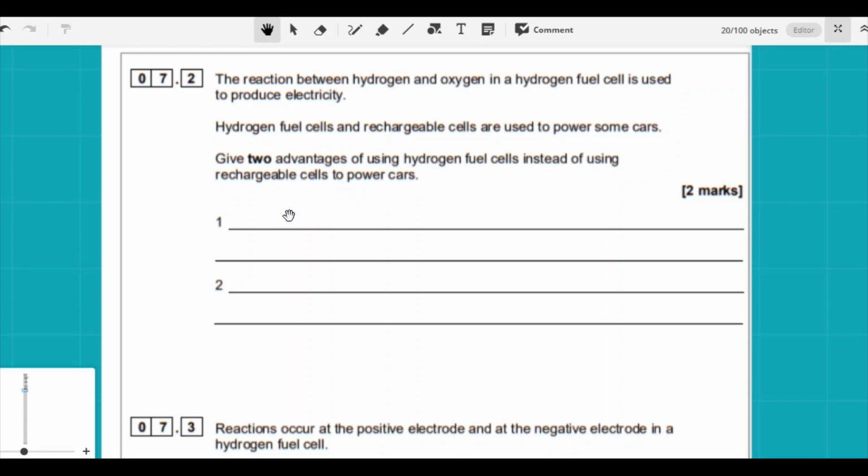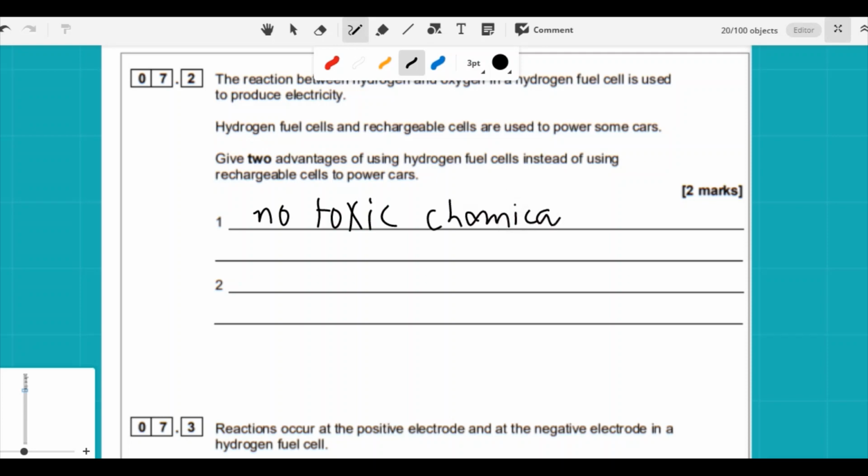Okay, so now the first advantage of using the hydrogen fuel cell instead of a rechargeable cell is that the hydrogen fuel cell has a non-toxic chemical to dispose of at the end of the cell life.